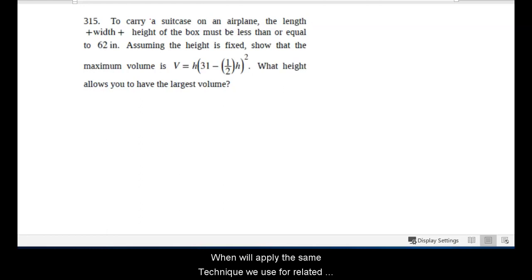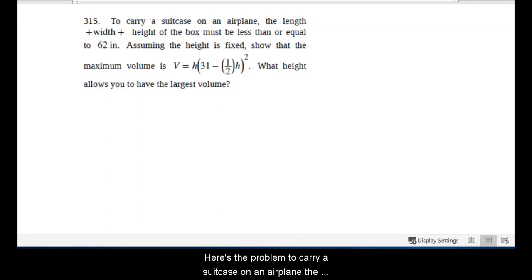Then we'll apply the same technique we use for related rates, breaking down the words a few sections at a time, using prepositional phrases, subject phrase, verb phrase, subordinate clauses, punctuation, conjunctions, etc., to translate the words from English into mathematical symbols and into a drawing.